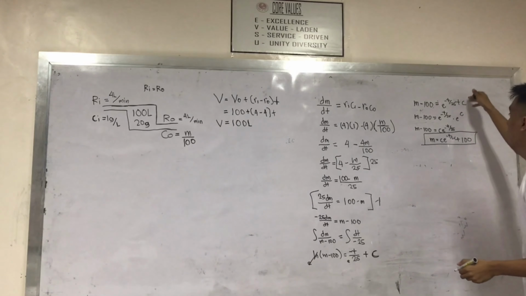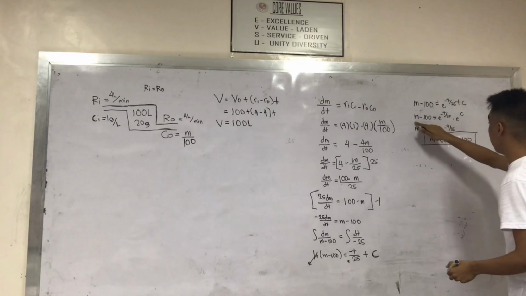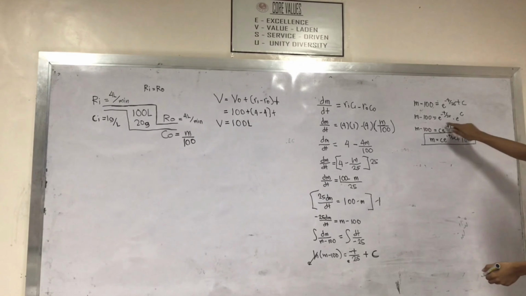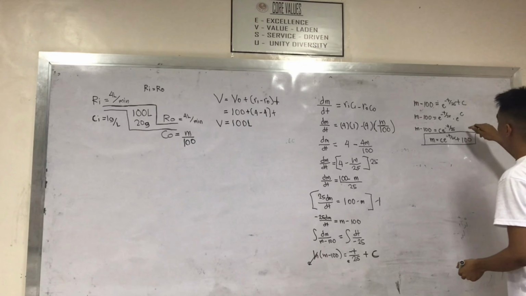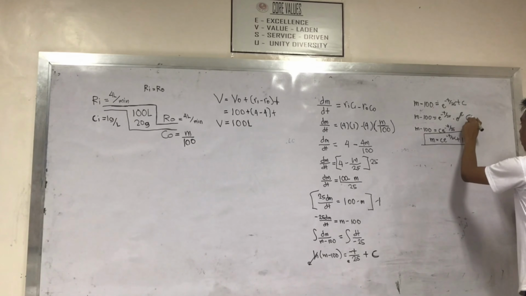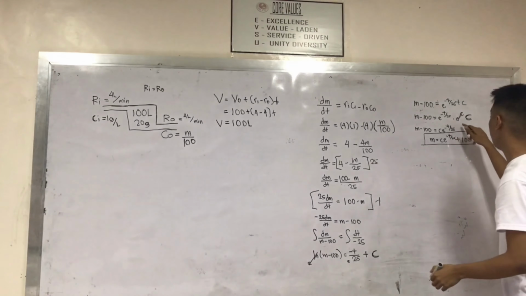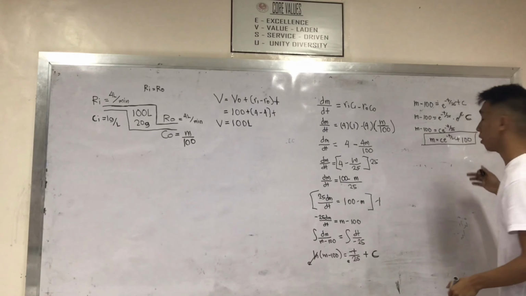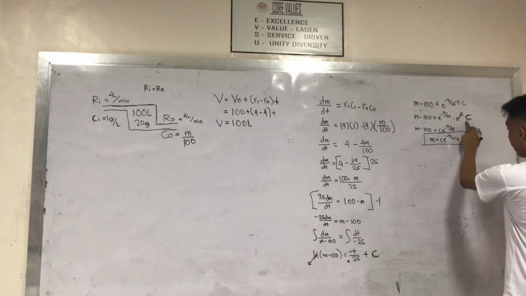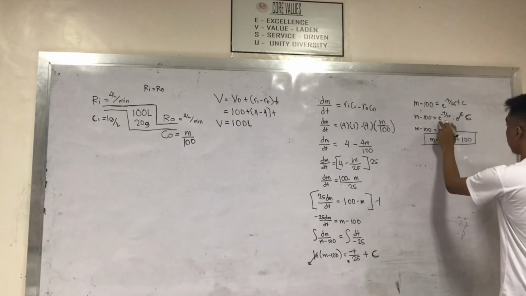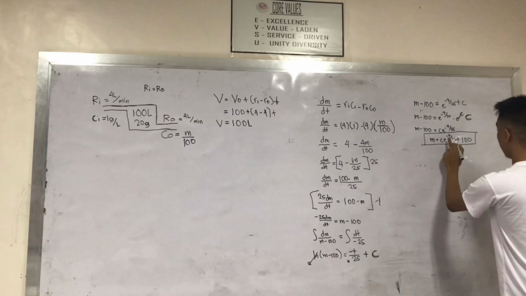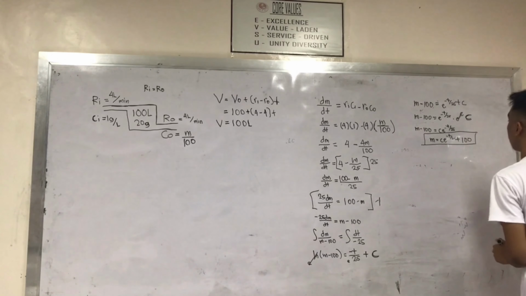We use the simple properties of e, which is if there is a plus here, it can be written as e negative t over 25 times e to c. And this here will be c only. Simplify this because a constant raised to a constant is also a constant. So M minus 100, we put the constant in front, we copy e raised to negative t over 25, and our M is equals to c times e raised to negative t over 25 plus 100.